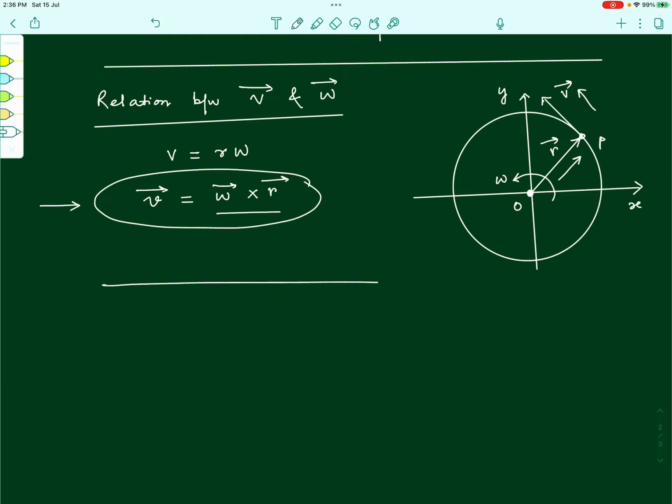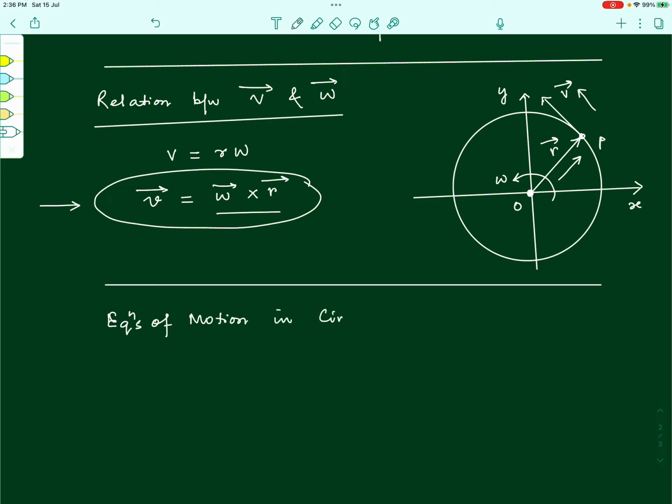Now, one more important aspect related to circular motion is the equations of motion in circular motion with uniform angular acceleration.